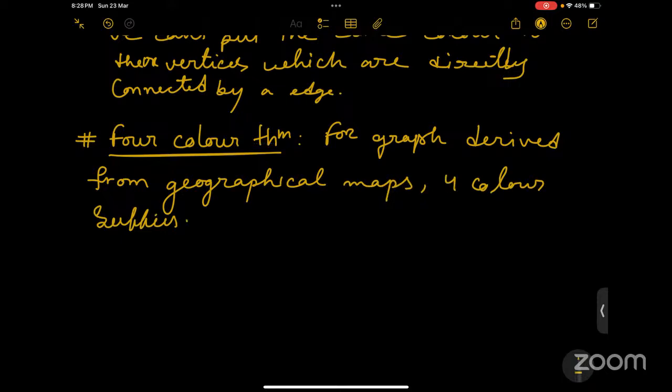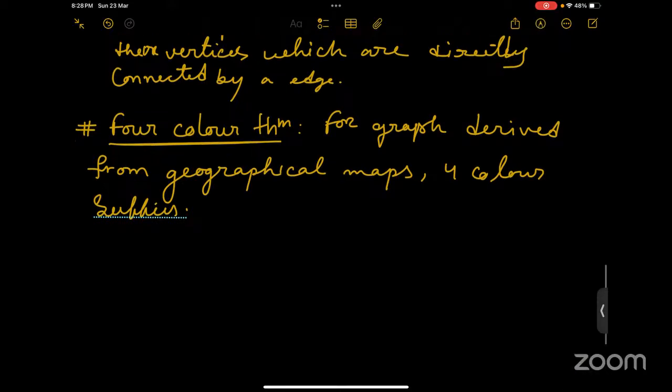The graph derived from a geographical map will be a two-dimensional map, right? So for any graph which is two-dimensional, four colors suffice. That means we can color any planar graph if I have four colors, maximum four colors.